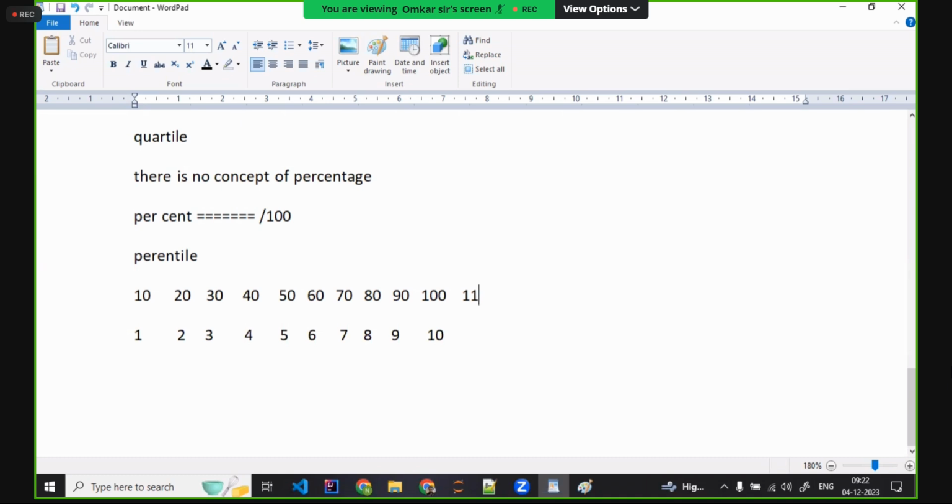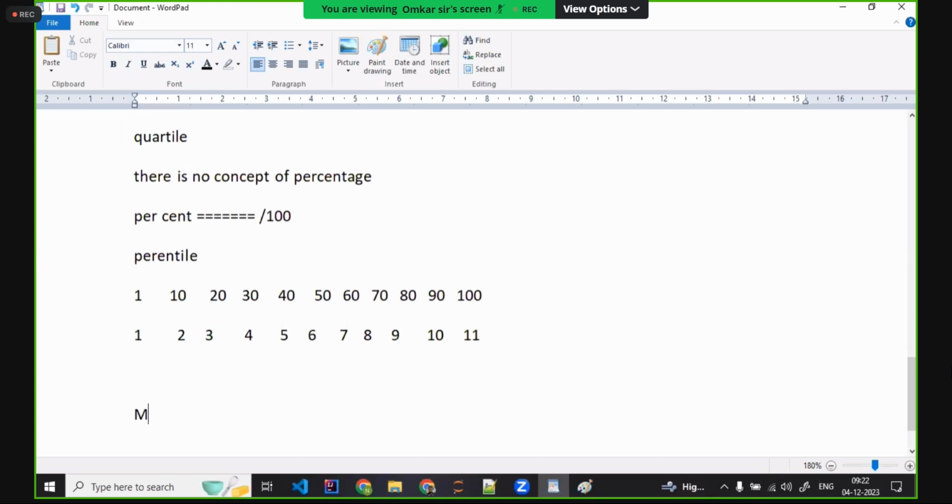Instead, 1 to 100 we will take. Because for mathematics, for our convenience, we are taking it like this in order to understand the concept very clearly.